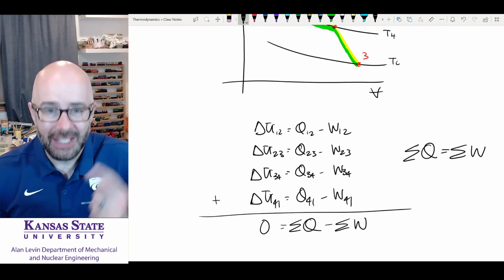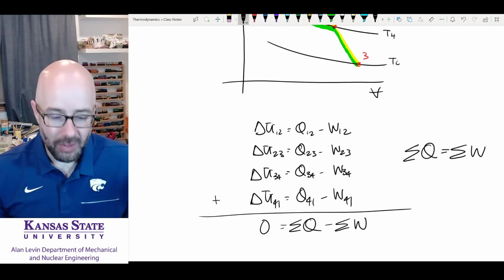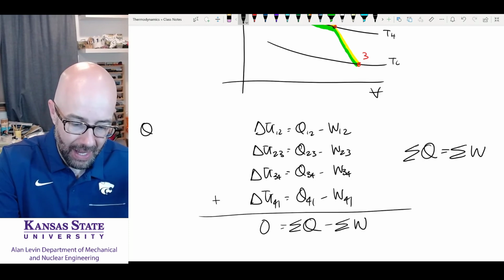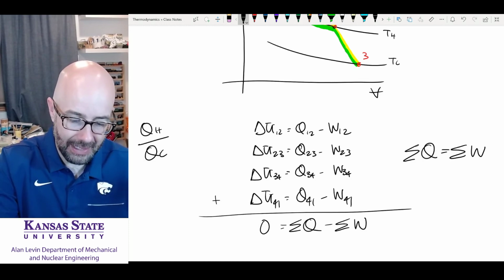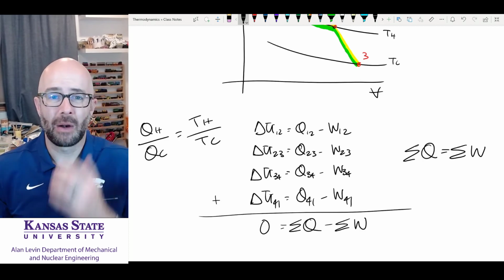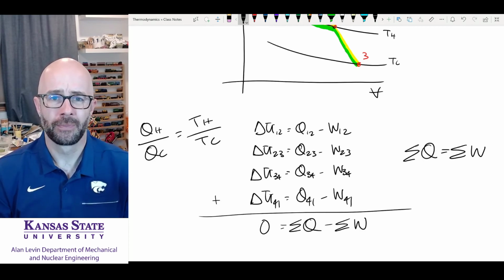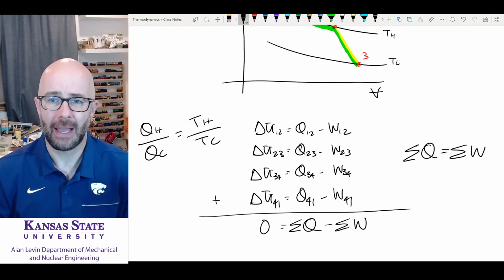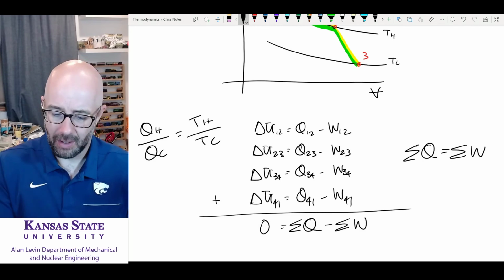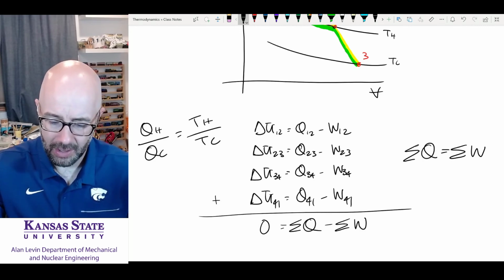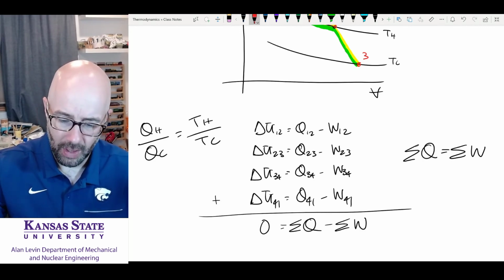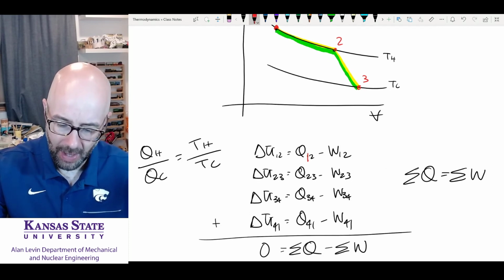The other thing that we can say here, and that we have new, is that QH over QC is equal to TH over TC. Sometimes in our problems we get stuck and say, I don't know how to find QH, or I don't know how to find QC. I can't do it in my equations, because look at this. This Q12 in my diagram here is going to be QH.